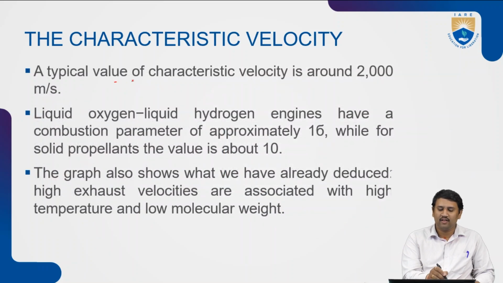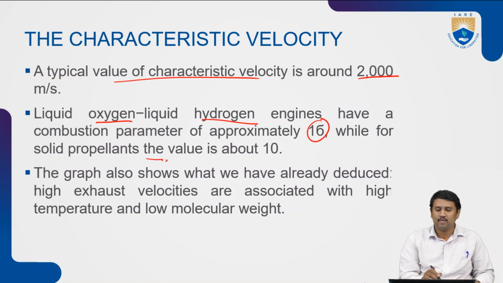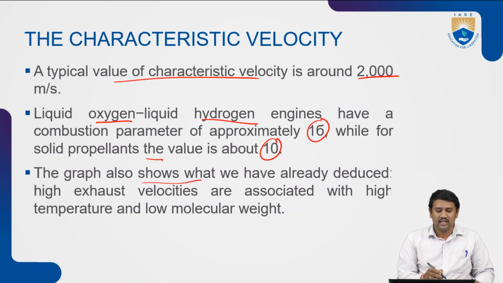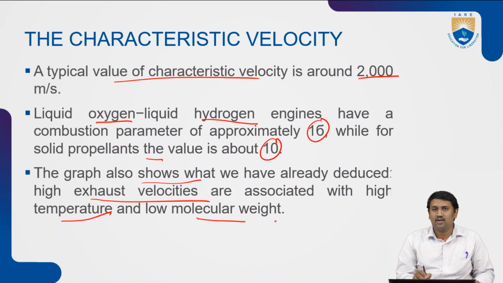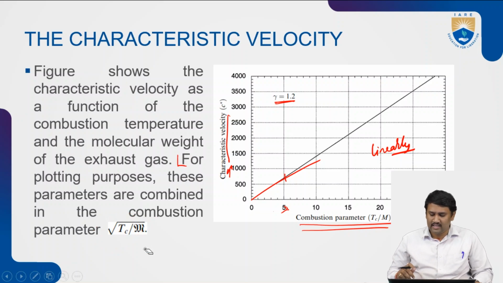Now a typical value of a characteristic velocity is around 2000 meter per second, particularly for liquid oxygen or liquid hydrogen engines, which have a combustion parameter of approximately 16, but for the solid propellants they are about 10. And the graph which we have seen already deduced that high exhaust velocities are associated with high temperature and low molecular weight, right?